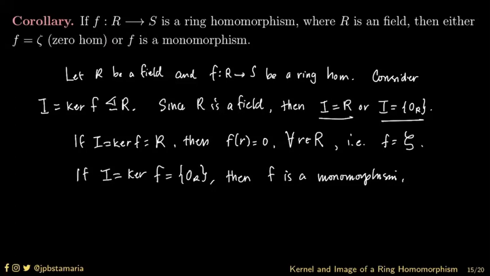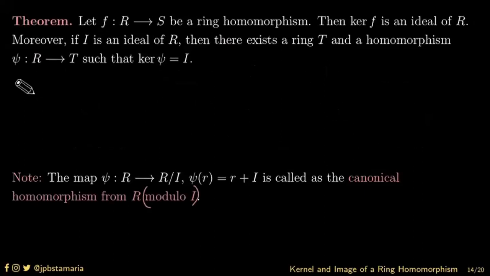Hindi ka pwede magkaroon ng non-zero na ring homomorphism from a field kung hindi siya monomorphism or one-to-one. Did you understand? So that's the proof. Okay? That's a corollary of the previous theorem, basically.